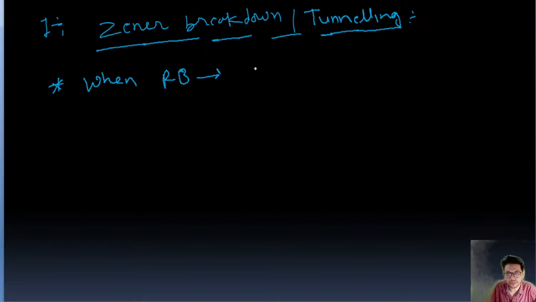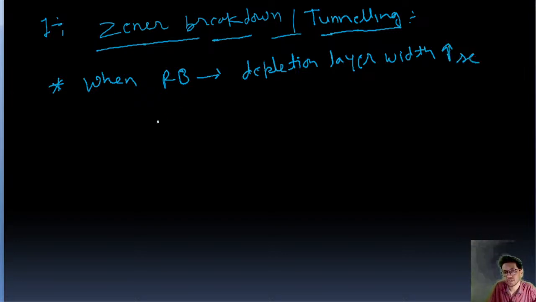If the diode is reverse biased, the depletion layer width will increase. In the reverse bias case, the width of the depletion layer is going to increase.